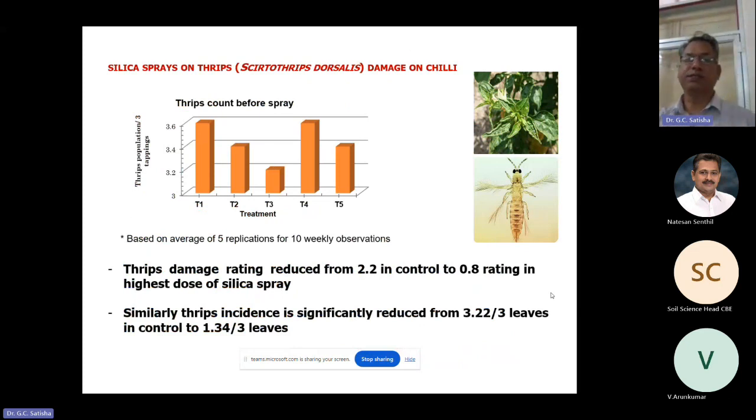With regard to what I mentioned here, this is specific to a very rampant insect pest, thrips, which badly affects chili. We drastically controlled the pest by silica spray; orthosilicic acid especially has a significant role in controlling this particular thrips species. The incidence was drastically reduced compared to the control.